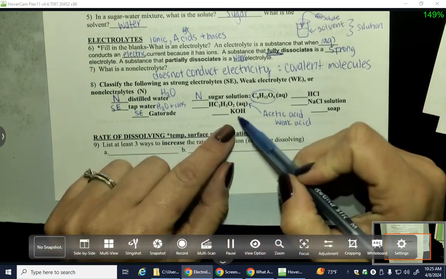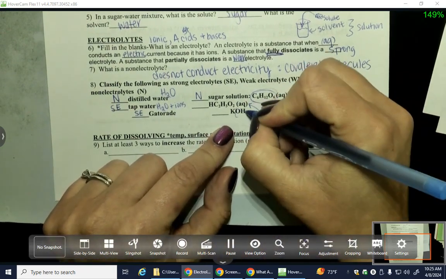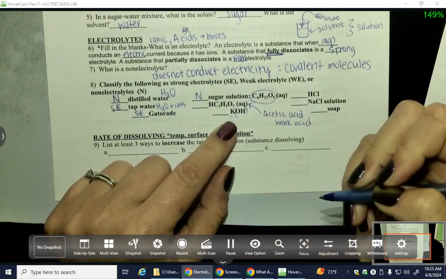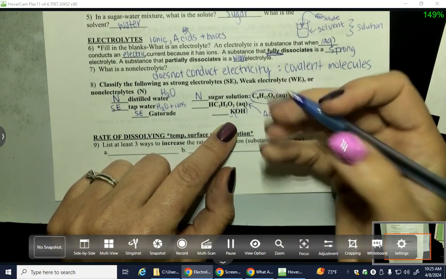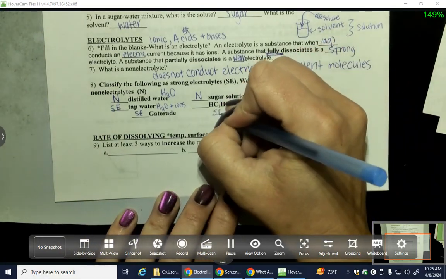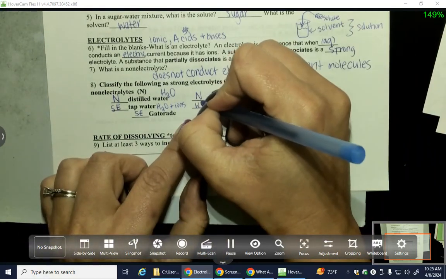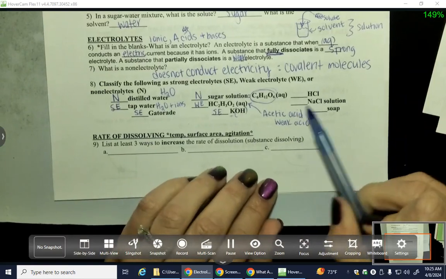Okay, and then potassium hydroxide. So that right there, we have potassium. So that tells you ionic. This is actually a base as well. It's one of our strong bases. So this is a strong electrolyte. Oh, I forgot to put weak. Sorry, weak electrolyte. All right.